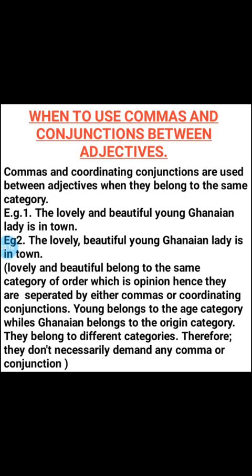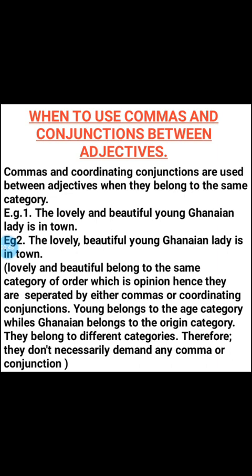So in our previous video, we discussed the order of adjectives when you want to use a lot of adjectives to describe a particular noun to create emphasis. So we are here to learn when to use commas and conjunctions between adjectives. Commas and coordinating conjunctions are used between adjectives when they belong to the same category.